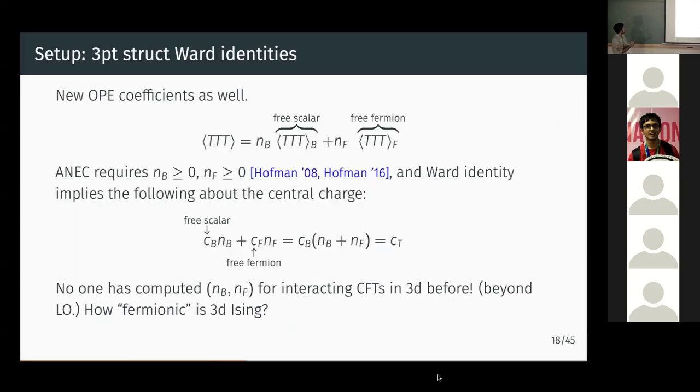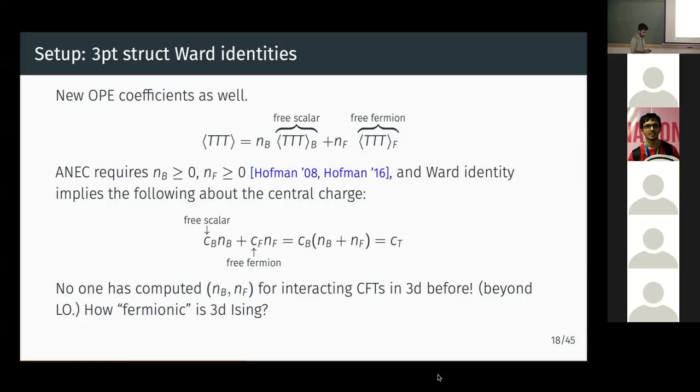Great. So I wanted to highlight specifically the TTT 3-point function. As we said, there are two parity even structures that appear. It turns out a convenient basis for these parity even structures is this one, where this invariant tensor here is exactly the invariant tensor that appears in a free scalar theory, and likewise for the free fermion theory here. The reason this is particularly convenient is that the ANEC requires that these two coefficients here be positive, or at least non-negative.